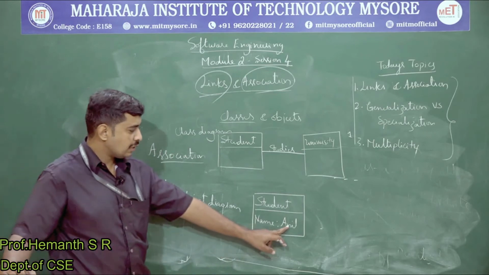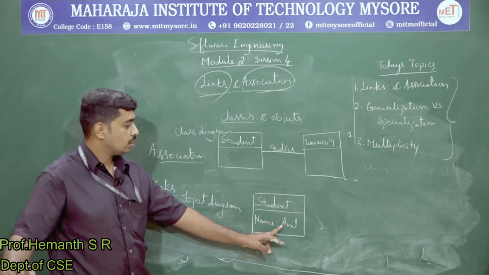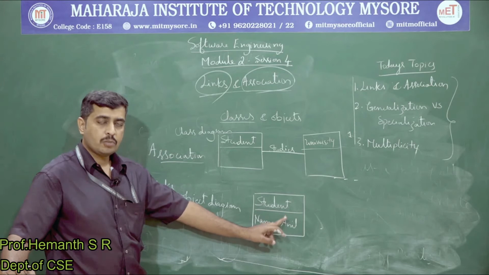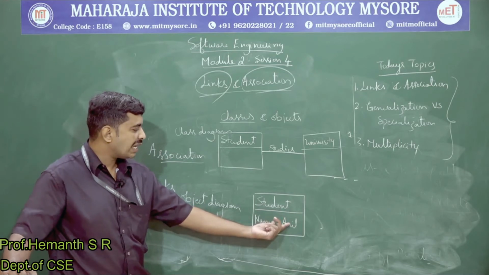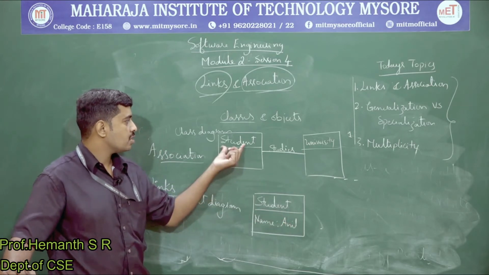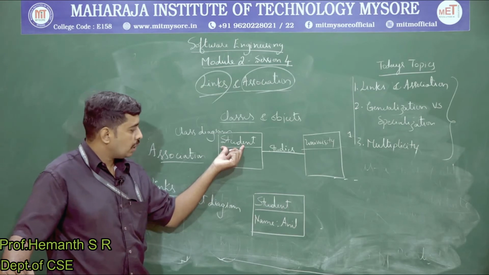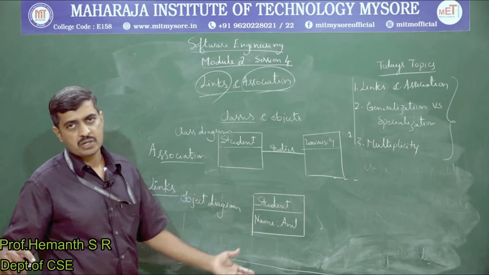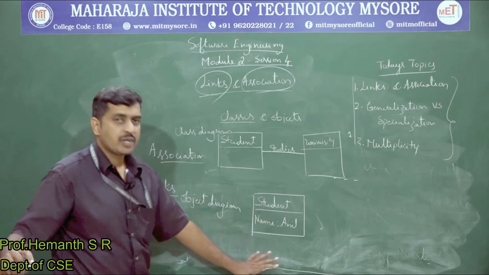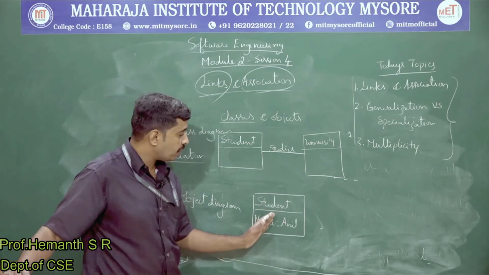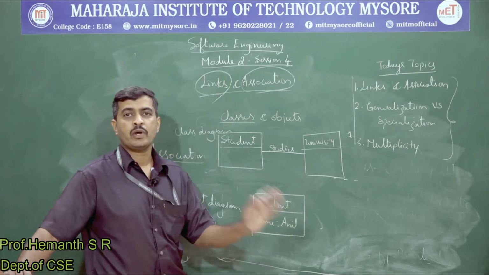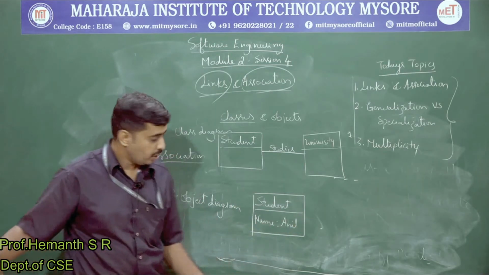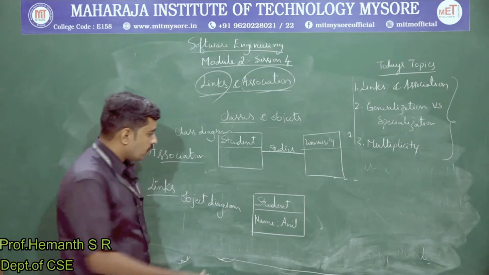Please note, Anil is a student. Anil is an object belonging to the class student. Now, how many objects can I create like this? As per the previous discussions, you can create an infinite number of objects, as many as supported by your computing resources.